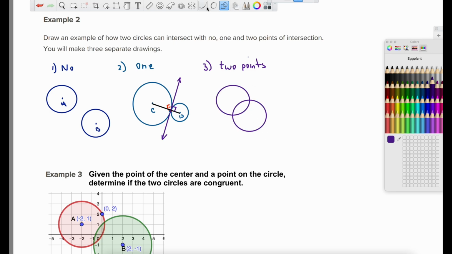Just like that. So, F and G. So two intersections here. And from these intersections, we could draw a chord, or we could do a secant, or whatever.